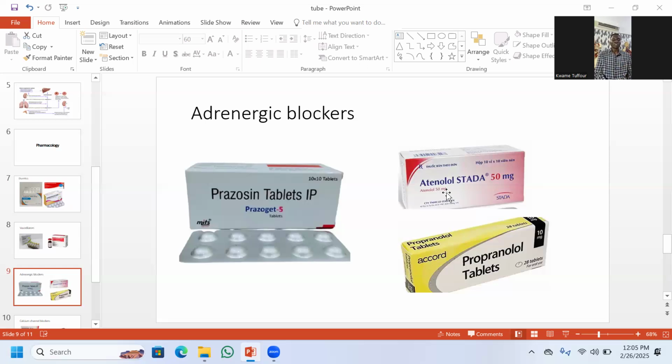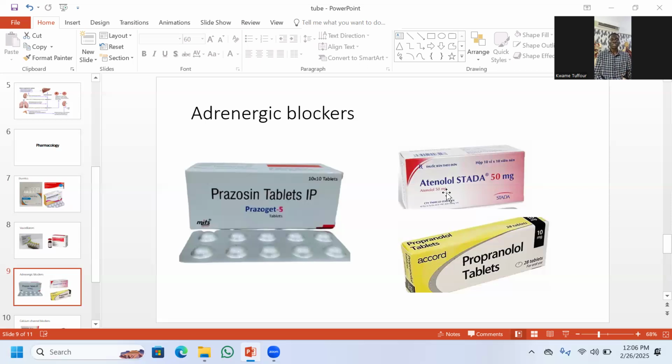Good. The same way, if we block beta receptors, because they are known to increase heart rate, when we block them, they reduce the heart rate. And mind you, heart rate also has an influence on the cardiac output, because if the heart is pumping so fast, it means the amount of blood coming out will be more, and therefore the cardiac output and the BP will increase.